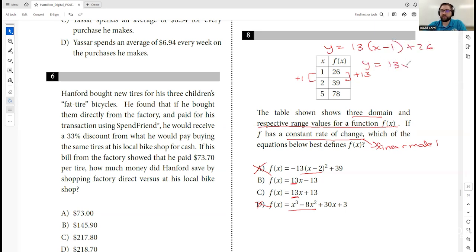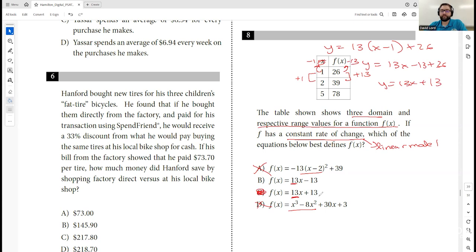I get 13x minus 13 plus 26, or y equals 13x plus 13, which means that the answer has to be C. Alternatively, instead of adding 13 to go to when x is 2, you could subtract 13 from both of them. Subtract 1, so you get 0, negative 13. So a lot of ways to get the answer C here.